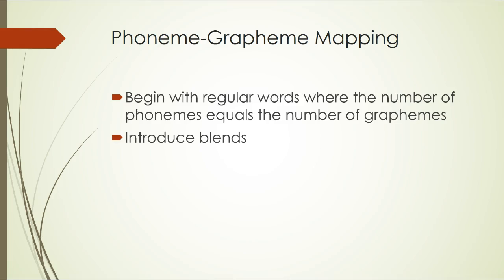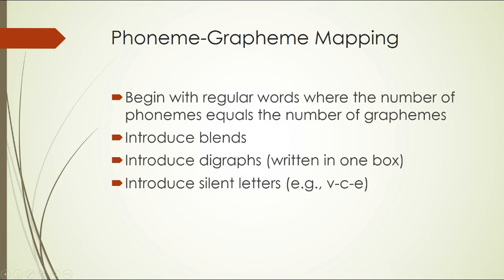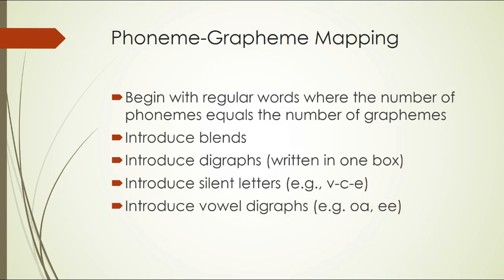In phoneme-grapheme mapping, 1 box equals 1 sound. And so we always write the letters that represent that 1 sound in that box. We'll get more on this later. Then we want to introduce those silent letters, such as talking about those syllable types like magic E or vowel-consonant-e. And then we want to introduce our vowel digraphs. Earlier when I was talking about digraphs, I was talking about consonant digraphs. Now it would be vowel digraphs, so those vowel teams that make 1 vowel sound. They team up together and make 1 vowel sound.